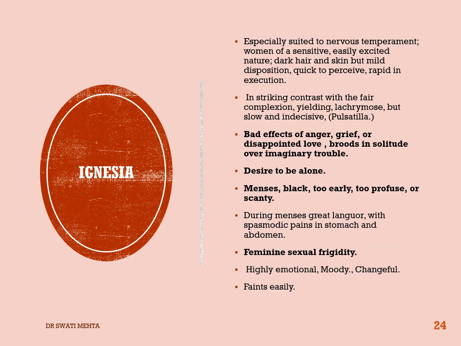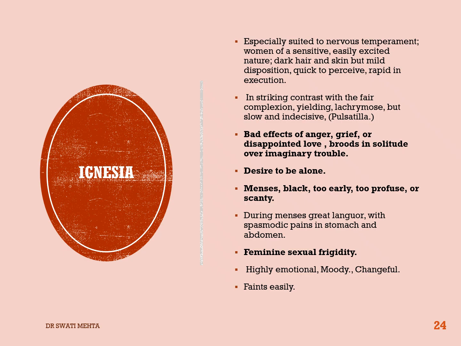Ignatia is indicated in highly emotional, sensitive women. Dysmenorrhea follows grief, disappointment, emotional shock or suppressed emotions. So these are the causes of spasmodic dysmenorrhea. The patient desires solitude and tends to brood over the problems. Menses may be early, profuse, black or scanty.